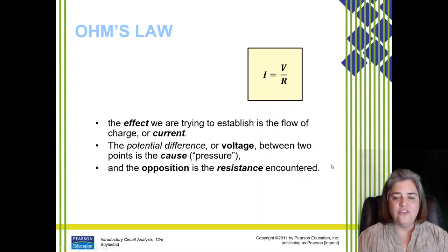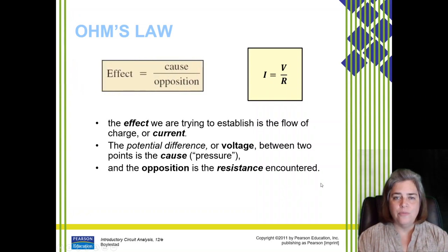And then the opposition to that is the resistance that is encountered in the resistor or in a portion of the circuit. So all equations kind of have this relationship where the effect is the cause divided by the opposition. And Ohm's law is no different. The effect that we're looking for is the current. The cause of the current would be the voltage, and we divide by the resistance, which is resisting that flow of current.